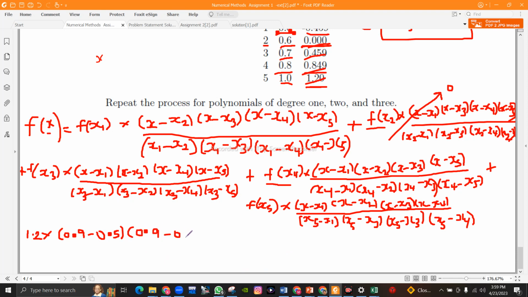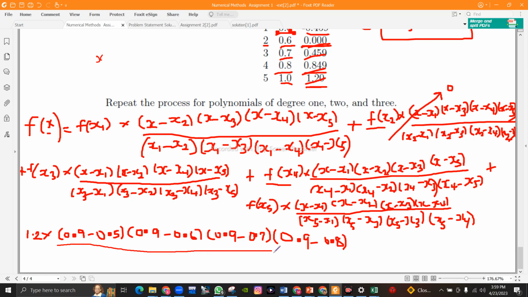We check the values. x again minus x3. x is 0.9 and x3 is 0.7. Also x is 0.9 minus x4, which is 0.8. So we can divide by x5 minus x1, which is 1 minus 0.5.